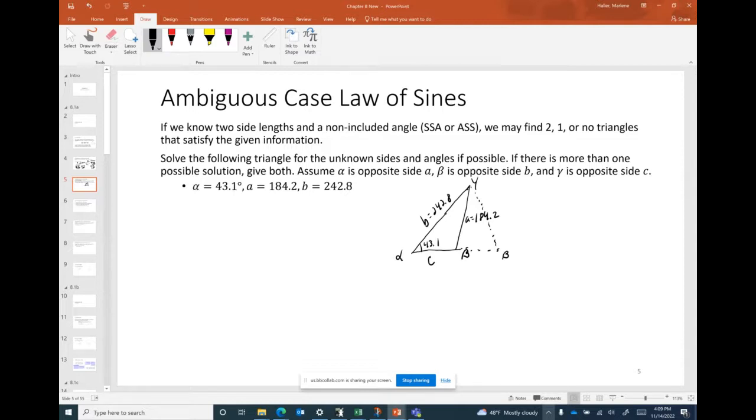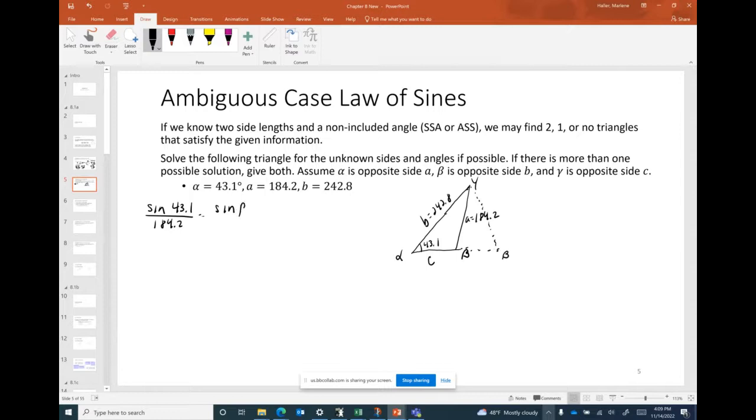Okay, so if I look at what we have here, I know alpha and A, so that's one ratio that I want to use. So I could say that the sine of alpha, 43.1, over A, 184.2, is equal to the sine of beta. It could be any one of these two angles, right?